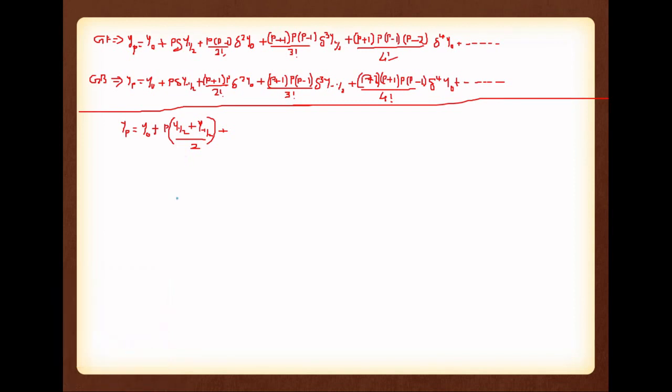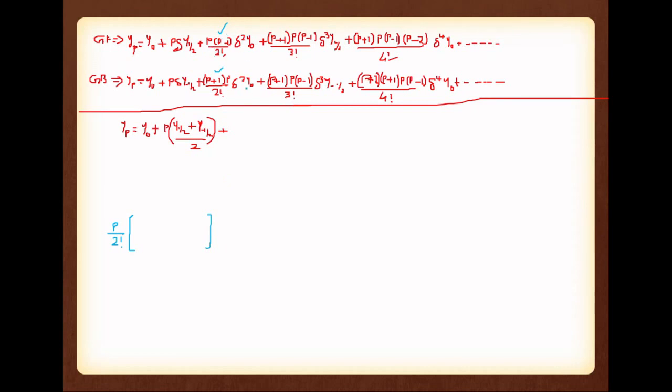This is p into p minus 1 divided by 2 factorial. This is p plus 1 into p divided by 2 factorial. If you compare these two terms, you can see p divided by 2 factorial is common. So p divided by 2 factorial into, now what is remaining?